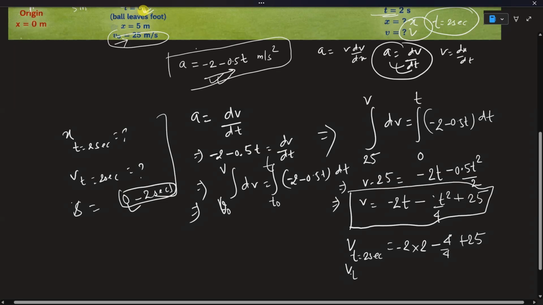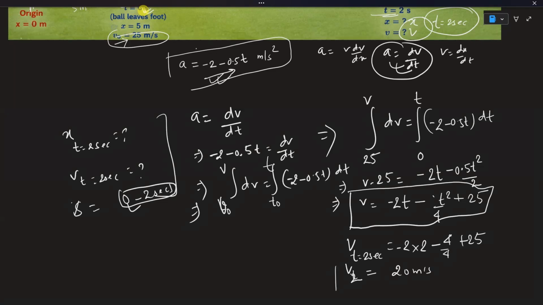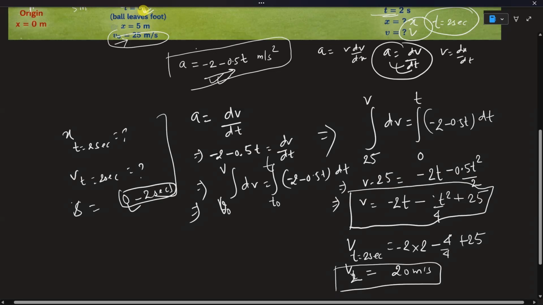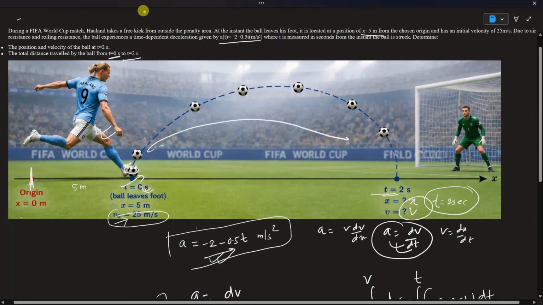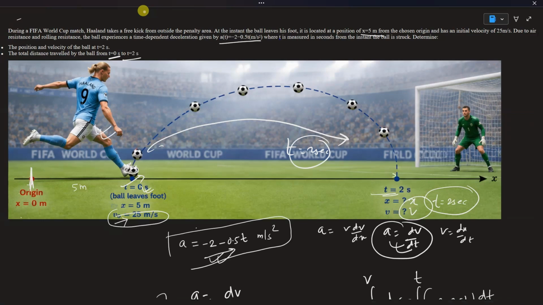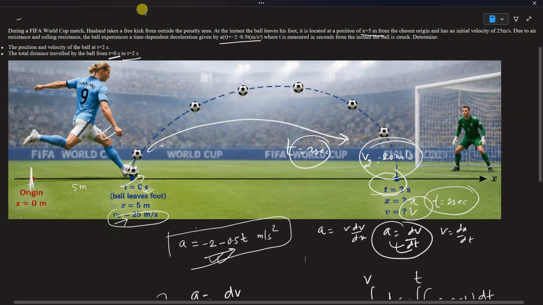So velocity at t equals 2 seconds is 20 meter per second. So when the ball travels for 2 seconds, the velocity will be decreasing as v2 is equal to 20 meter per second. Okay, so in this question the answer is that.